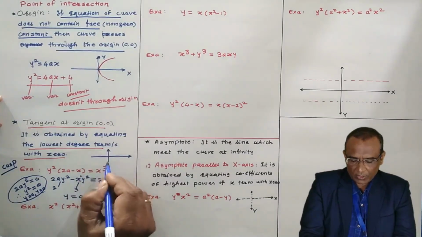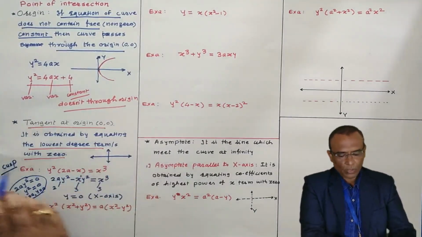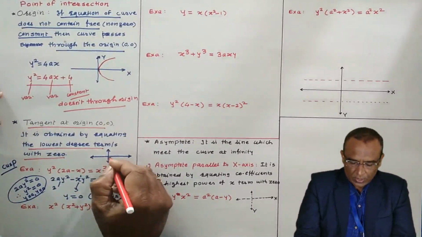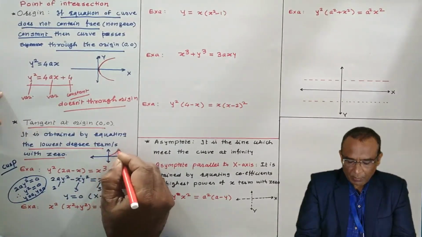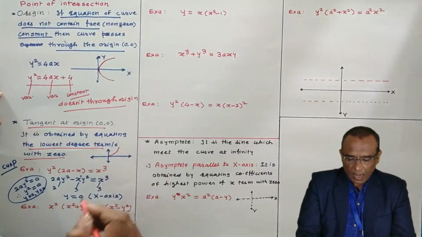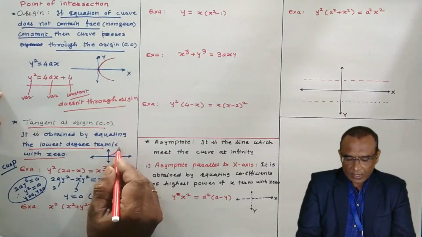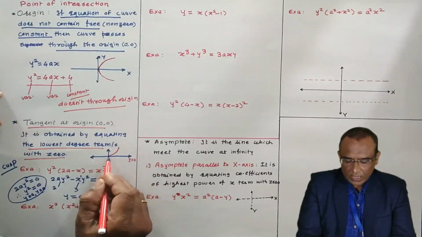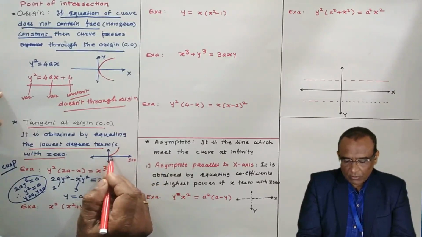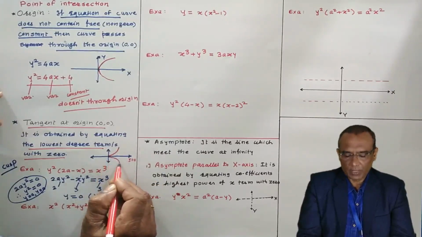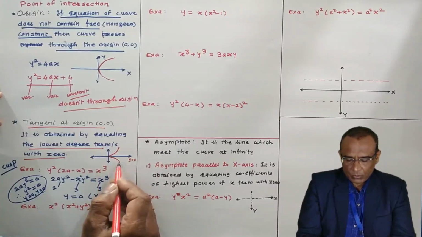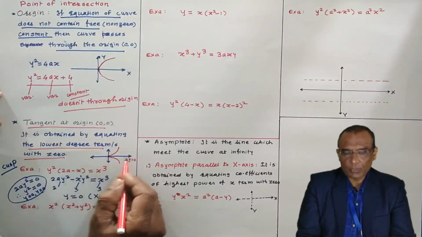I am not exactly drawing the curve, but in order to explain the cusp point, I am going to tell you. This is part of the curve, and tangent to this part of the curve is the x-axis, y equal to 0. And tangent to the same curve, this other part of this single curve, is again y equal to 0.